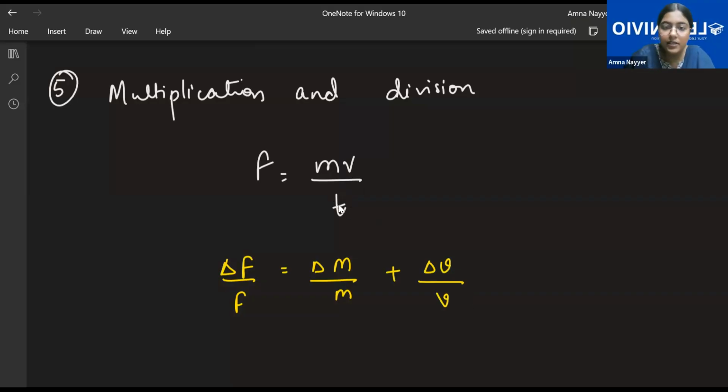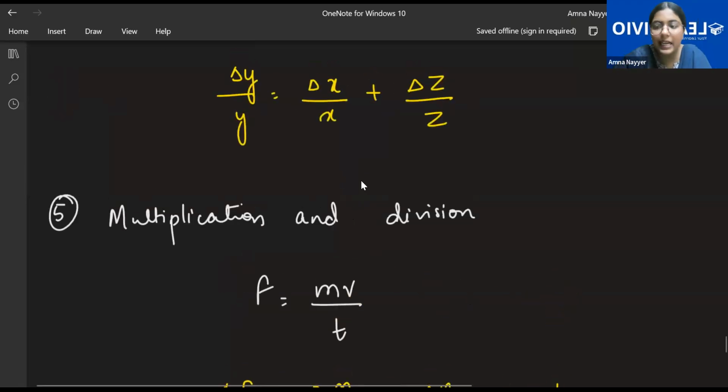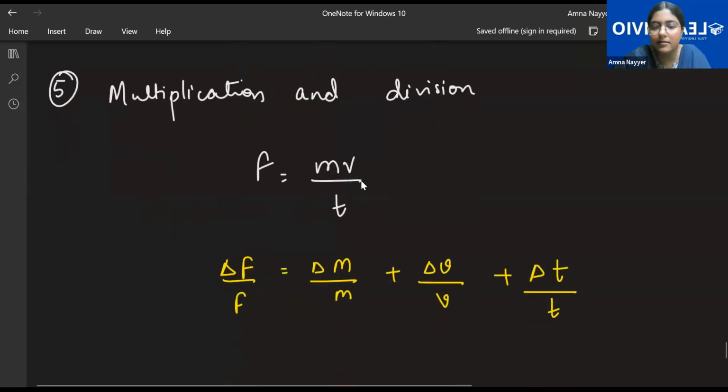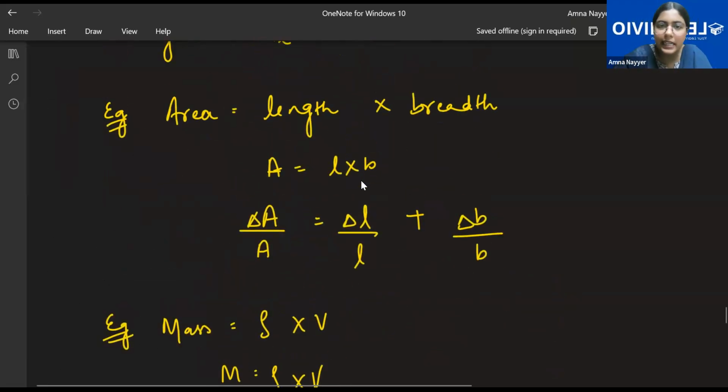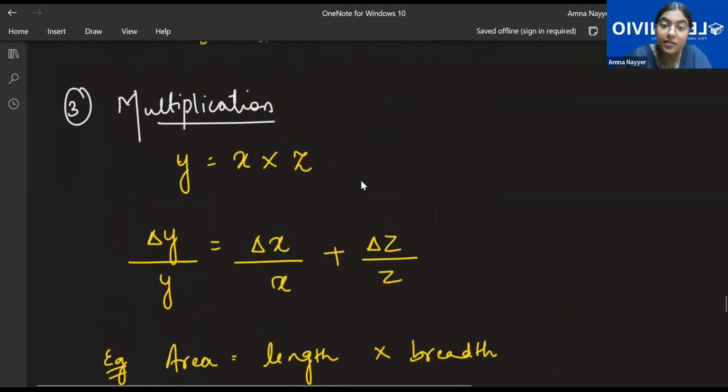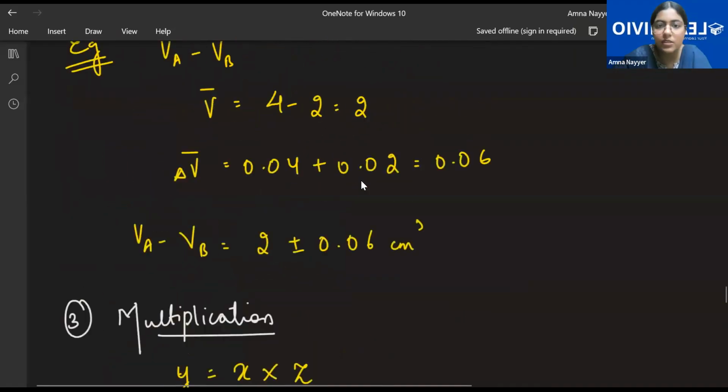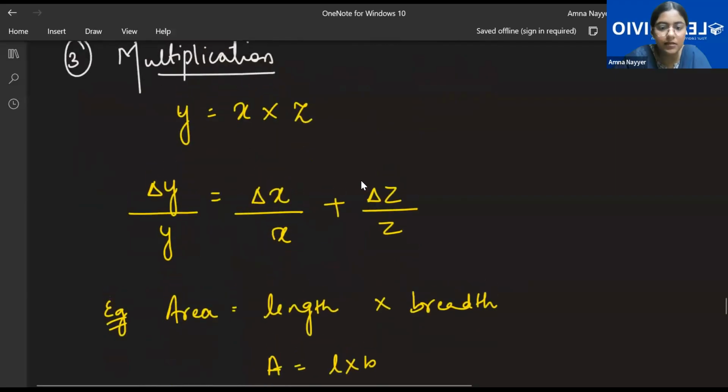Now this is getting divided, so plus delta T divided by T, like this. So in division also it was the same, in multiplication also it was the same. When you're combining it, it will occur like this. Now, if the powers are there, that is the most important part. Do one thing, write it till here, then we'll discuss the numericals also, and if the powers are there, that will change values. Okay, start writing from here.